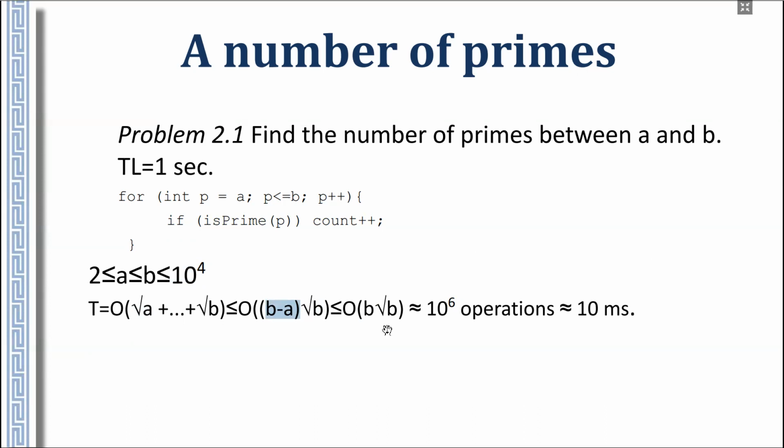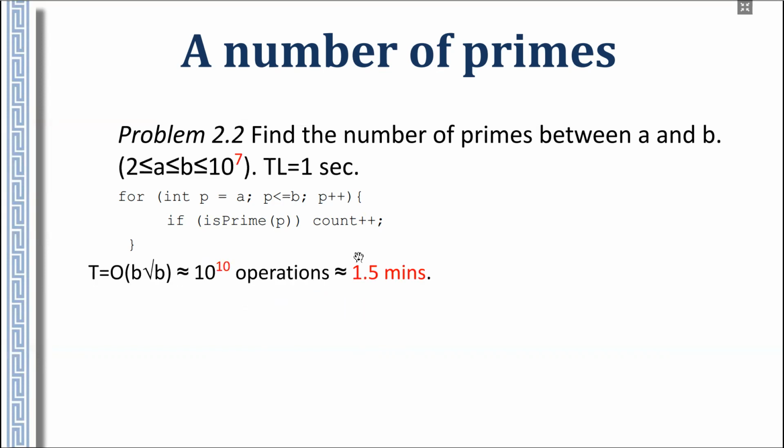It's very fast. But if we just multiply million times square root of million, then it is 10 to the 9, and it is longer than 1 second. So that's why sometimes this formula is also very useful.